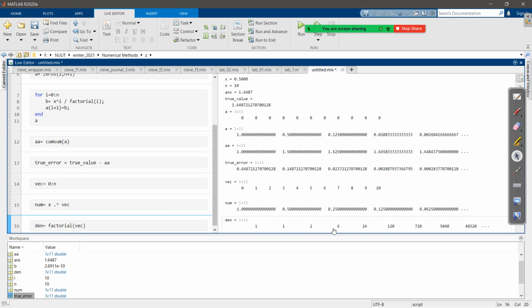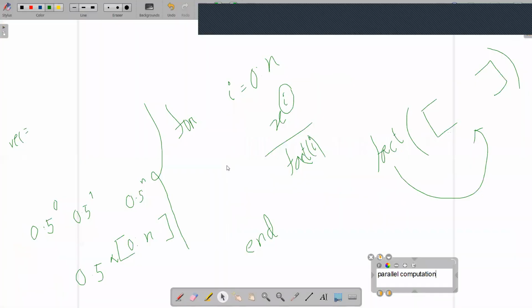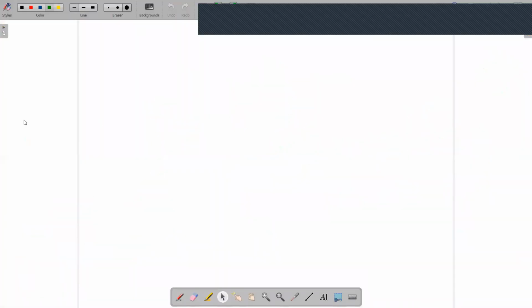Now what we have to do? I have to divide the numerator by the denominator, element-wise division, right? So basically, my original series was like this: e to the power x equals x to the power 0 divided by 0 factorial, then x to the power 1 divided by 1 factorial, then x to the power 2 divided by 2 factorial, like this.